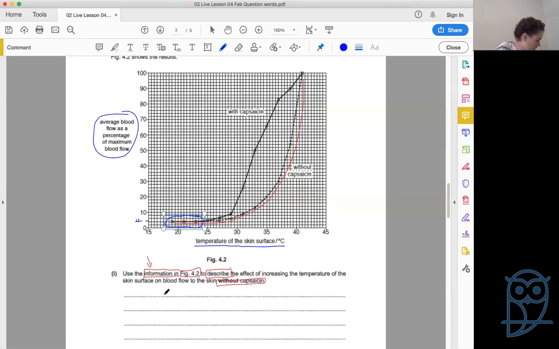So we can start out by saying that the blood flow is constant at 4%. Up to, where does it go up? Well, the first record we have of it going up is here at 25 degrees C. Okay, so we've given a description of the shape of the graph and we've attached data to it.